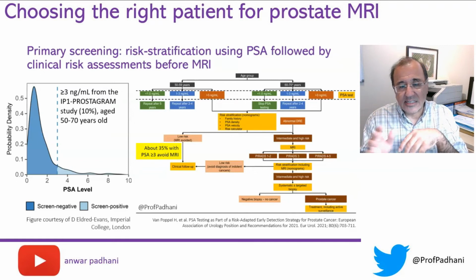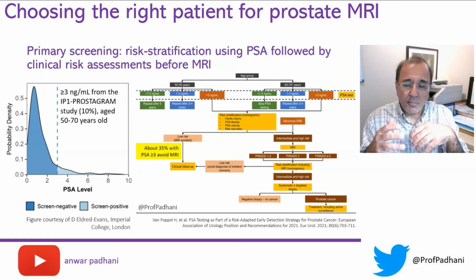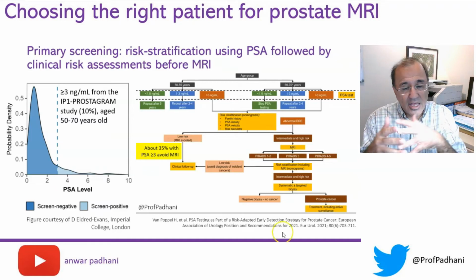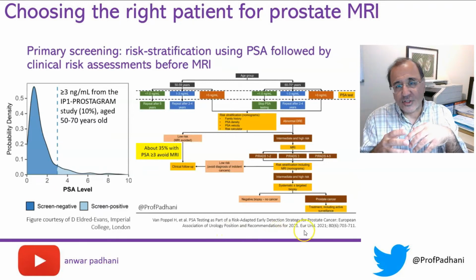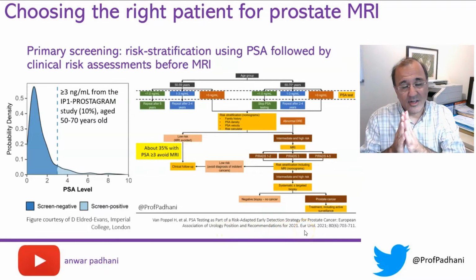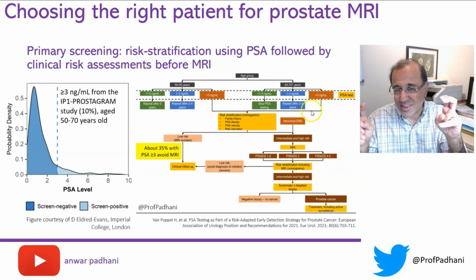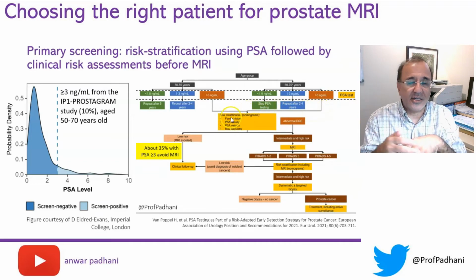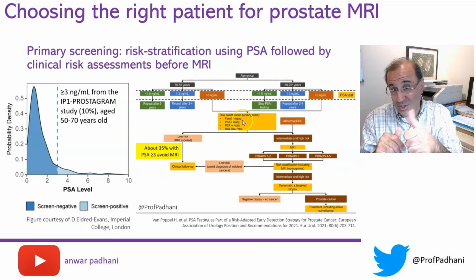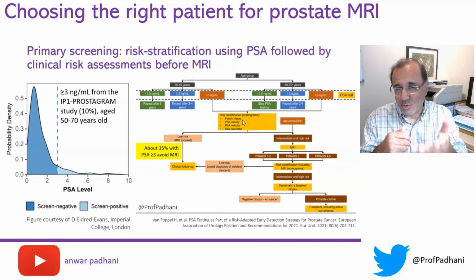And on the right-hand side, you can see the European, the EAU recommendations for screening. And you see what they say there. They say that if your PSA is more than 3, regardless of your age, then you should undergo a risk stratification. And in this particular instance, it says you can use an ultrasound or risk calculator.